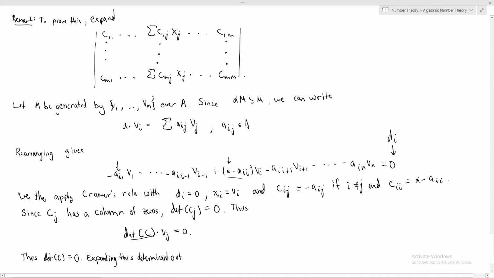So this determinant is going to end up being, we see it is actually a monic polynomial with entries in A. Or not, sorry, not entries. I should say coefficients.